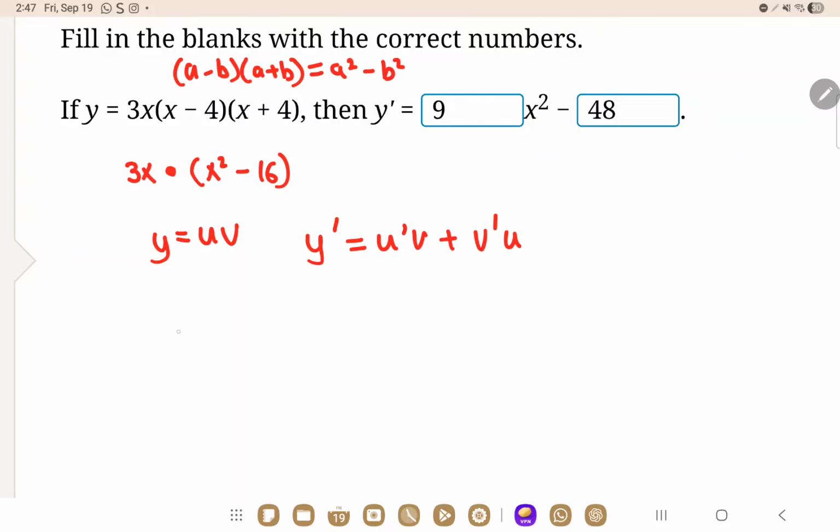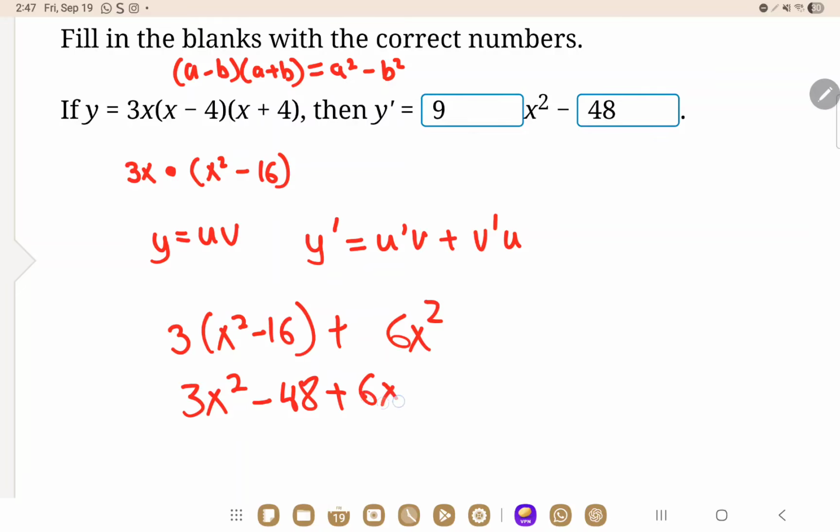Now it's 3 into x squared minus 16 plus 2x into 3x, or aka 6x squared. Now let's distribute this: 3x squared minus 48 plus 6x squared. Like terms, we add them together: 9x squared minus 48. And that's your final answer.